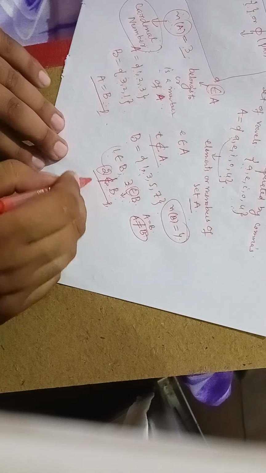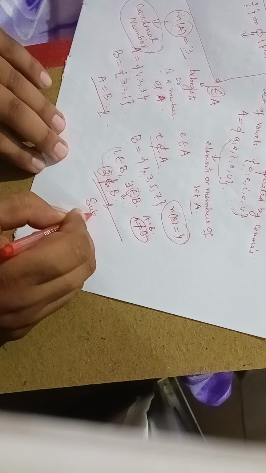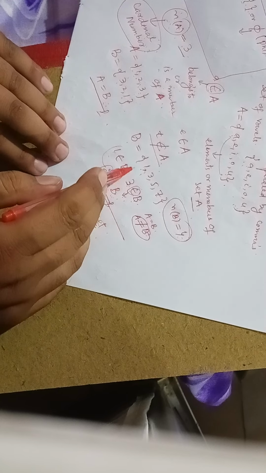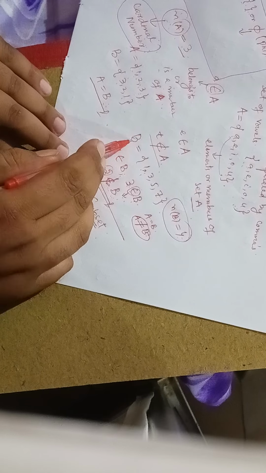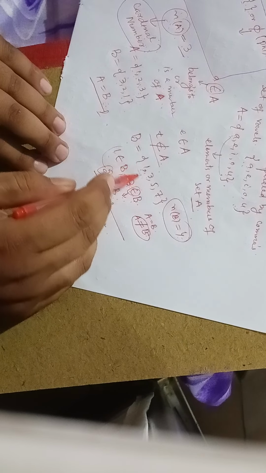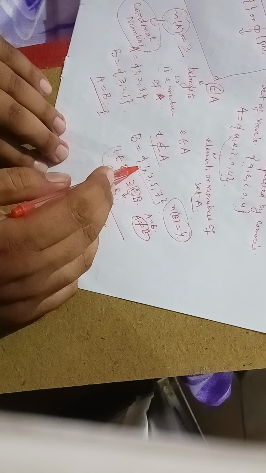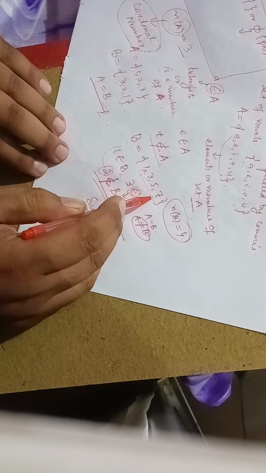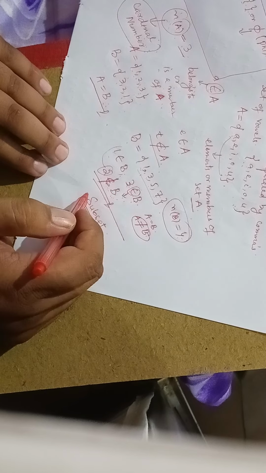Now you can see we have another type, that is subset. What is a subset? For example, here it is set B. How many elements does it have? 1, 3, 5, 7. It has 4 elements. The first one is 1, the second is 3, the third is 5, and the fourth is 7.